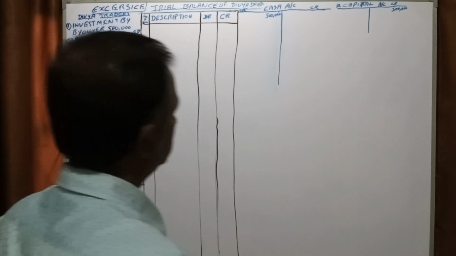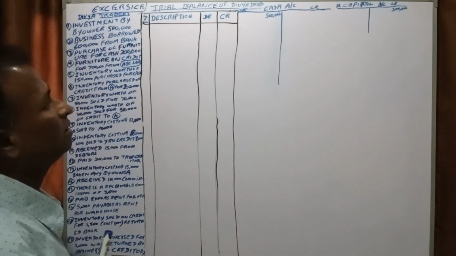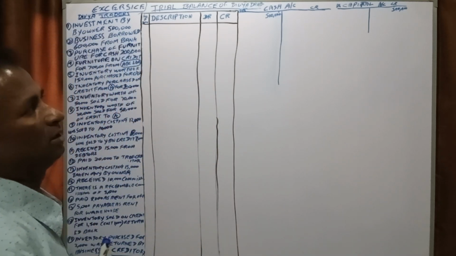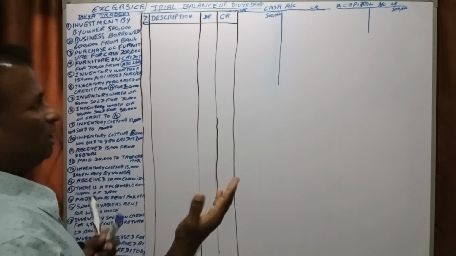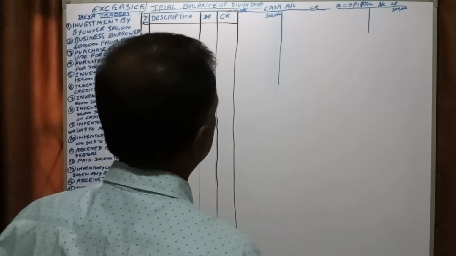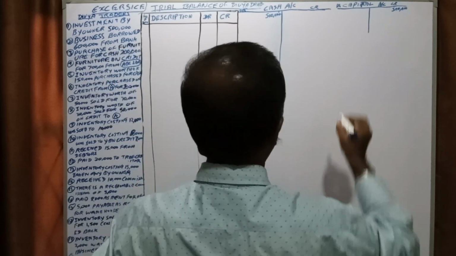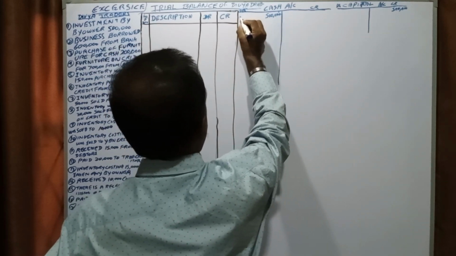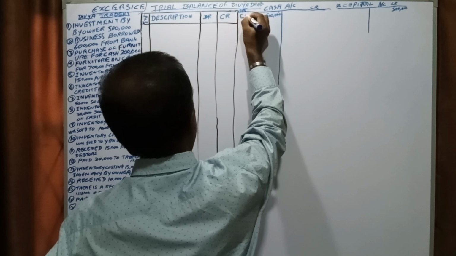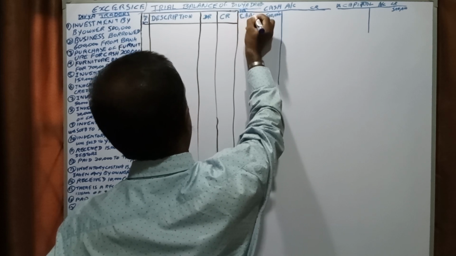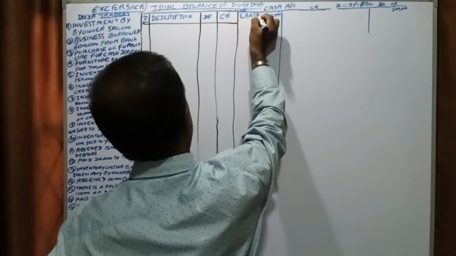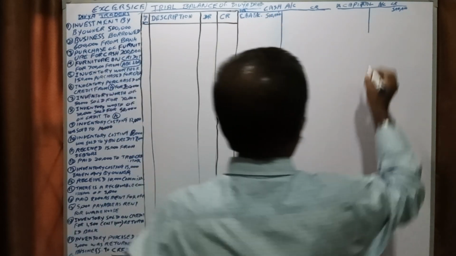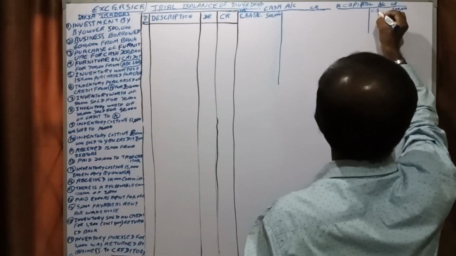So the double entry is done, but you have to give the references. Here you say capital. Here you say cash.